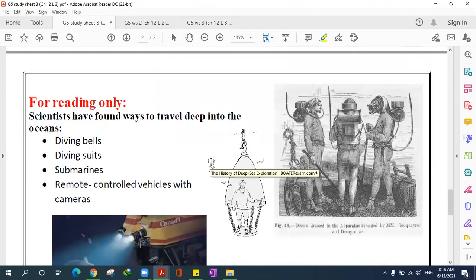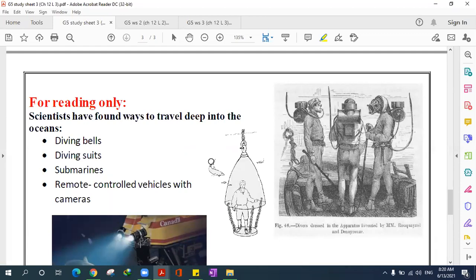This last part was for reading only. And you guys already know how people used to travel deep in the ocean to discover more about it. Oceans, guys, as I told you before, are like space. People didn't discover all of it, they just discovered 4% of it. It's not that big. Can you imagine that?